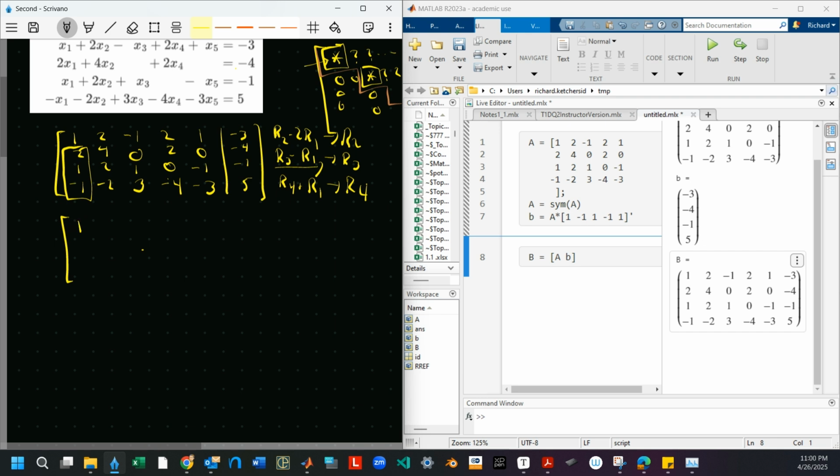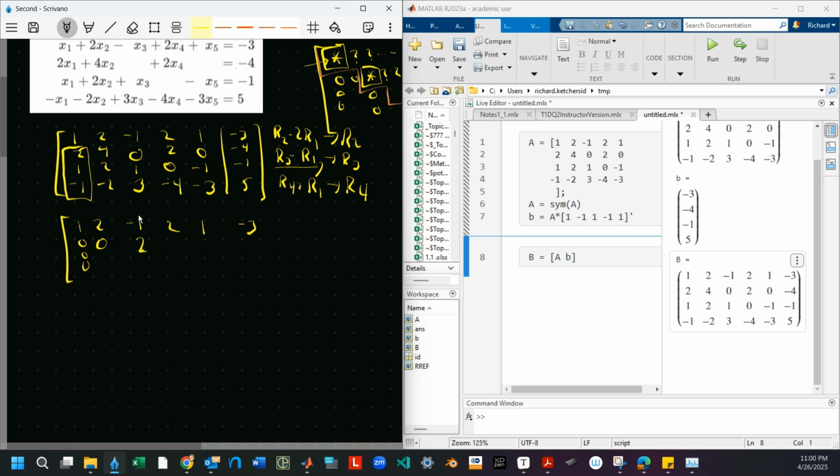So here I'm going to get 1, 0, 0, 0. I sort of created things to do that. And now what I'm doing here is I'm subtracting 2 of these from that, right? So again, nothing in the first row changes. So it'll be 2, minus 1, 2, 1, minus 3. Nothing will change there. Here I'm subtracting 2 of the first things, so this will also be 0.